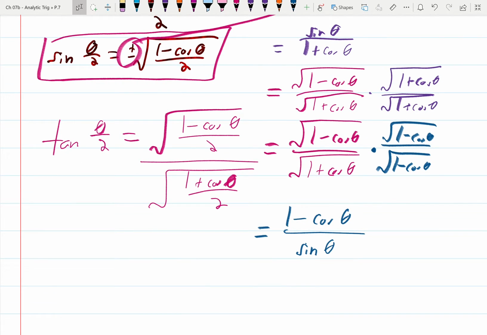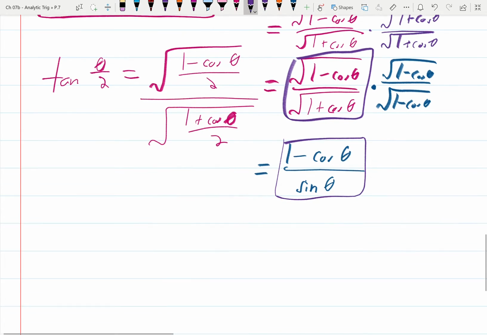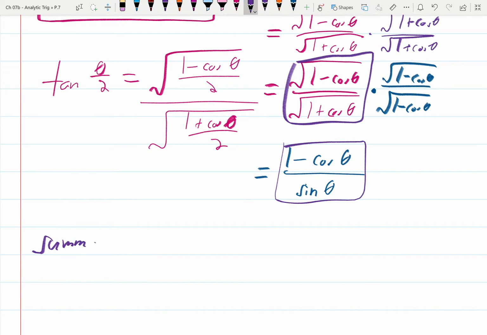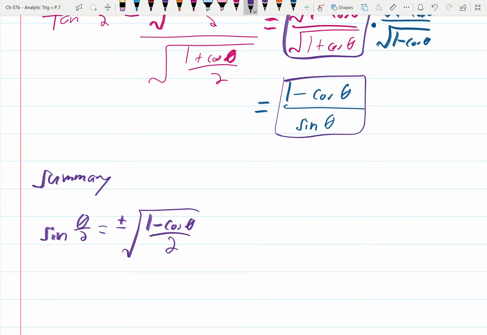Let's summarize. And I'm going to box in the 3 that are really the identities that we're going to have. But here's the summary. Sine theta over 2 is plus or minus root 1 minus cosine of theta over 2.